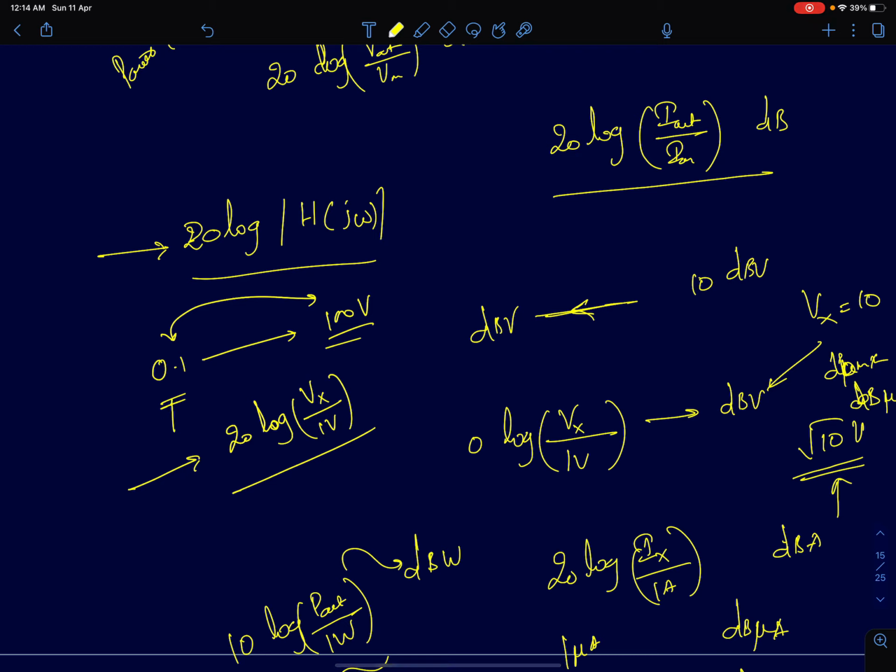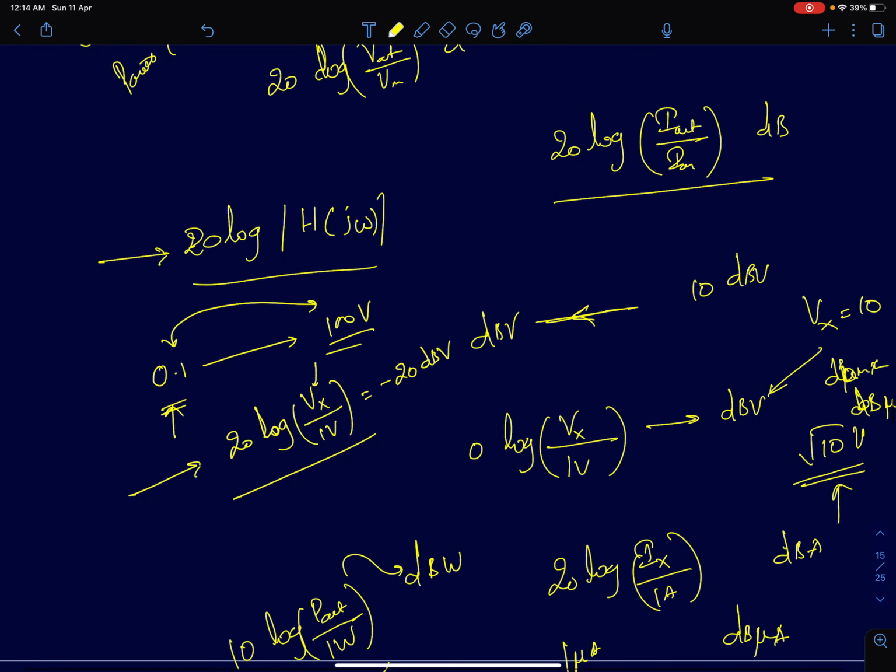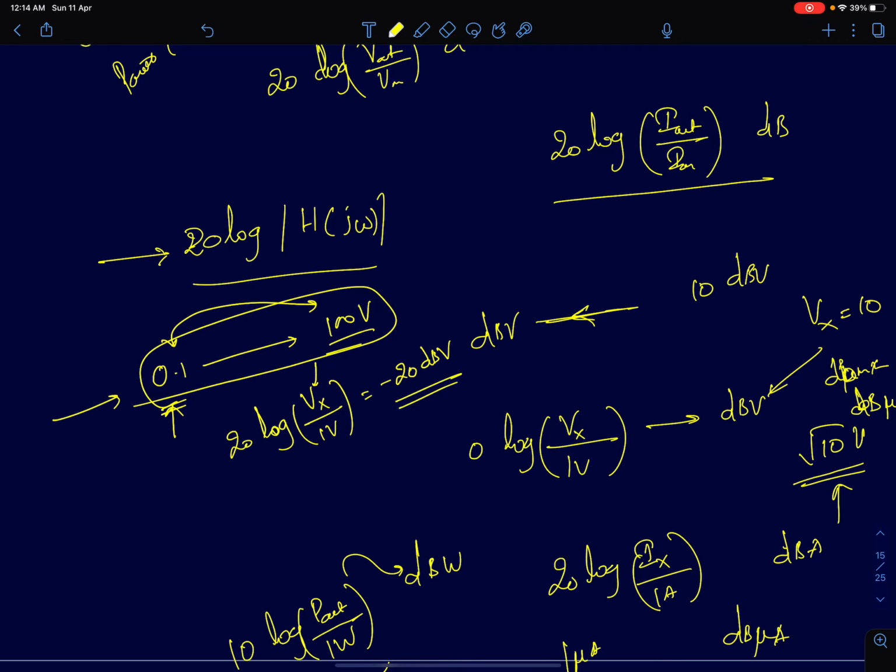So for 0.1 it reduces to 20 log of 0.1, which will be minus 20 decibels, dBV. So generally when we write decibels, it's a ratio of two quantities. But in such cases wherein we are trying to express a voltage itself in terms of decibels, we have to write dBV. This is just to say decibels with respect to a volt.